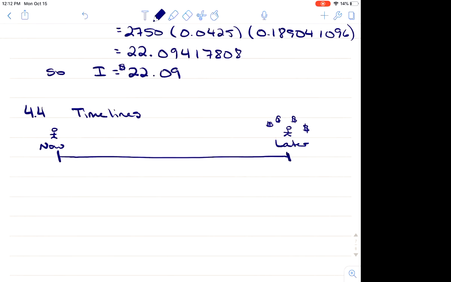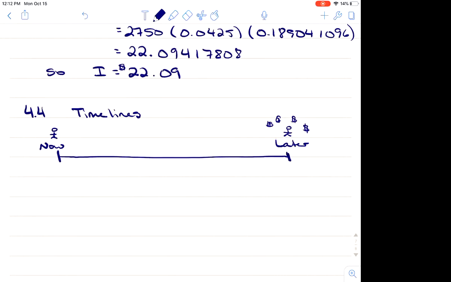And your timelines are actually worth a lot of marks. Say on a 10-mark question, 4 marks for your timeline. Okay? Because it tells me how you're going to solve this problem, right? And so they're a big deal. So you want to make sure that you really nail down and get all of these things sorted out. Okay?